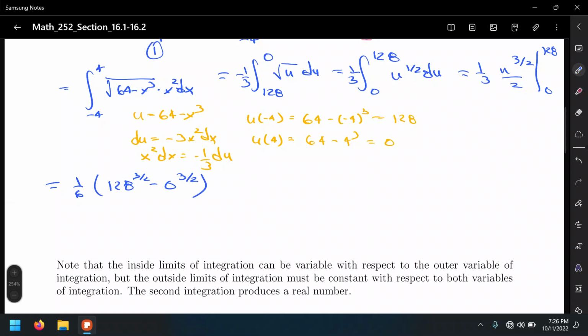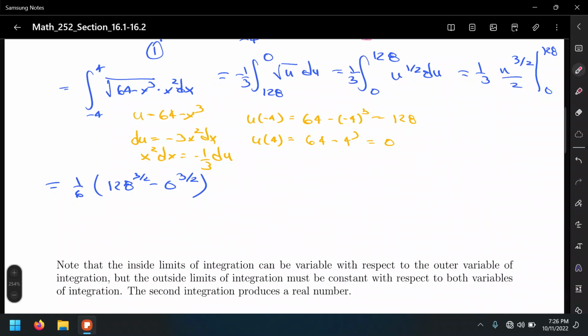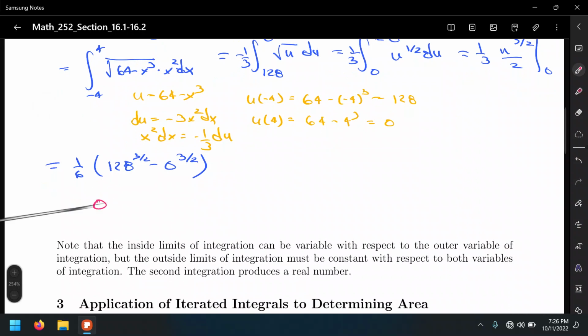Well, 0 to the 3/2 is just 0, but 128 to the 3/2, well, recall that we can go about radicals in this case. Whenever we have a to the m over n, when we have rational exponents, we can write this using radicals.